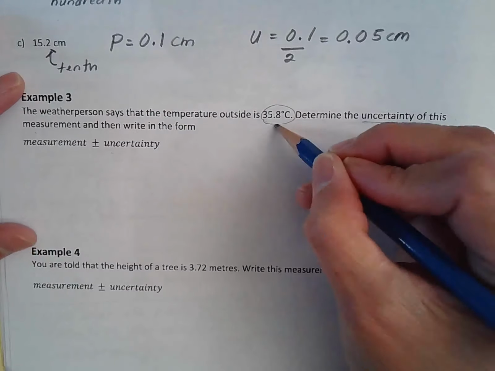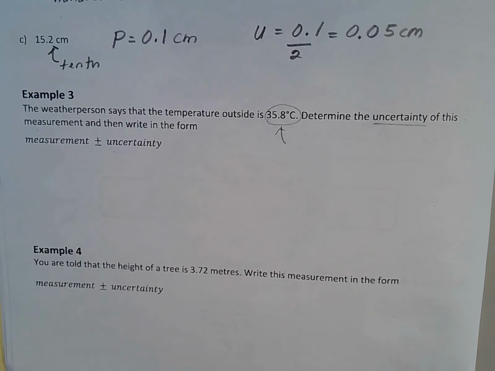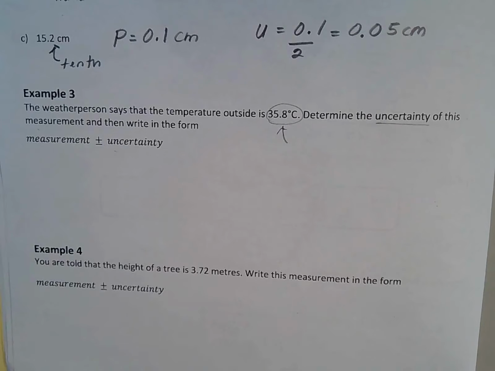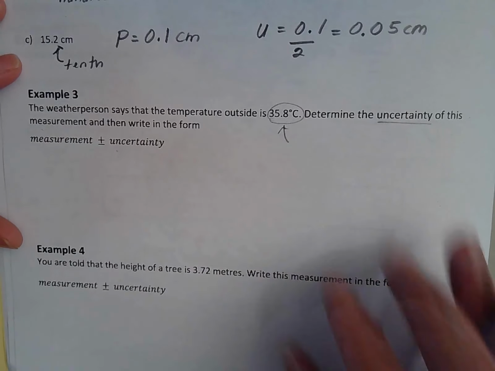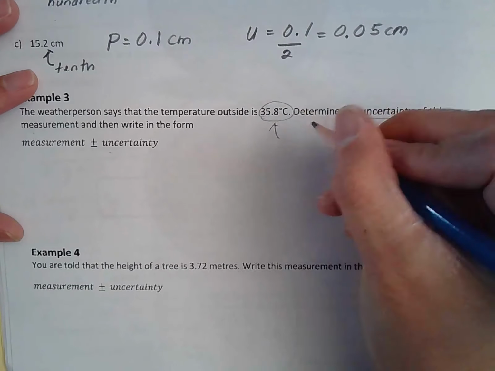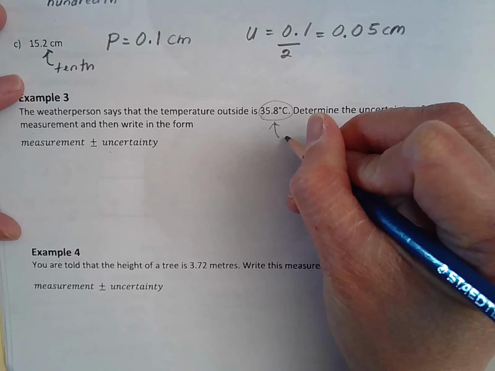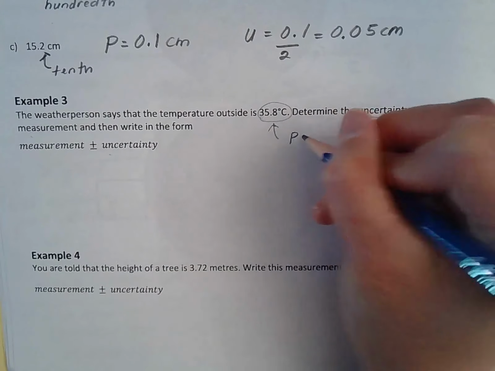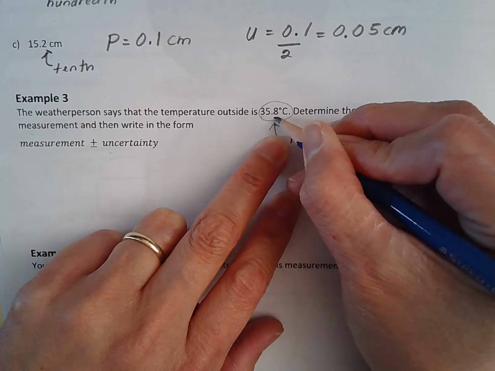So they're telling us this is what the temperature is outside, but it might not be exactly like that. It might be a little bit give or take something. So from this measurement, what's the precision?